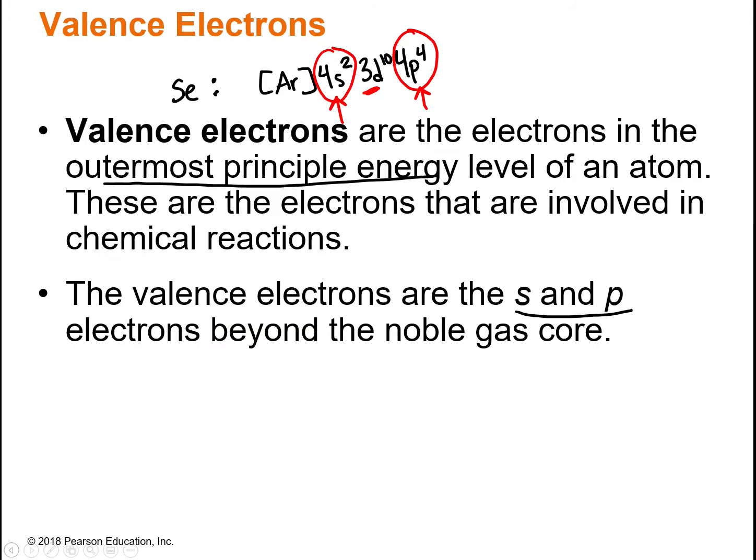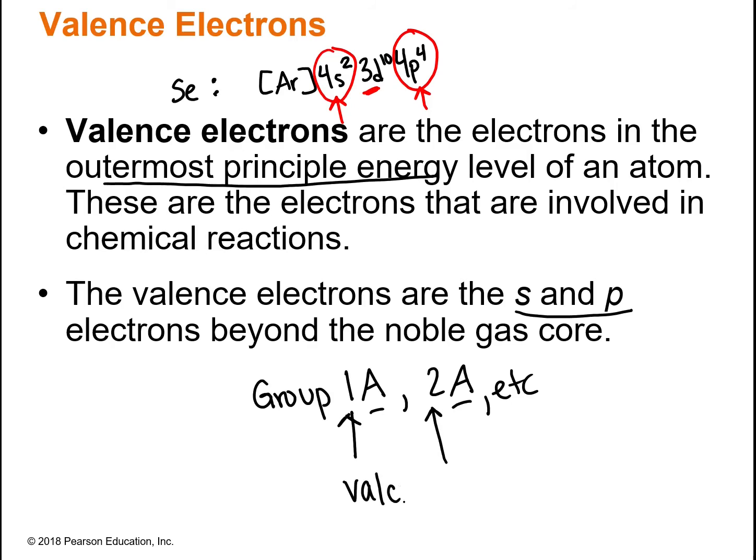One more thing on valence electrons. Almost forgot. So you know that group number that we've been talking about? The ones with the A behind them, those are the representative elements. And the number tells you the number of valence electrons. So in group 1A, all of those elements have 1 valence electron.